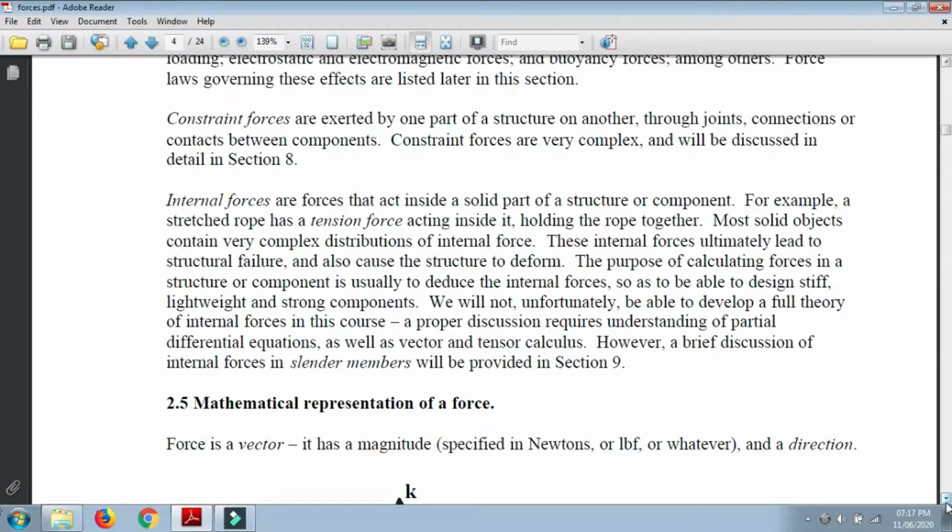But internally, as I told you, there is no body in the world which is rigid; all bodies deform. So there will be external forces in a body and there will be internal forces in the body. Whenever we study these internal forces, we will be discussing them in slender members. Slender members are basically thin-walled structures.